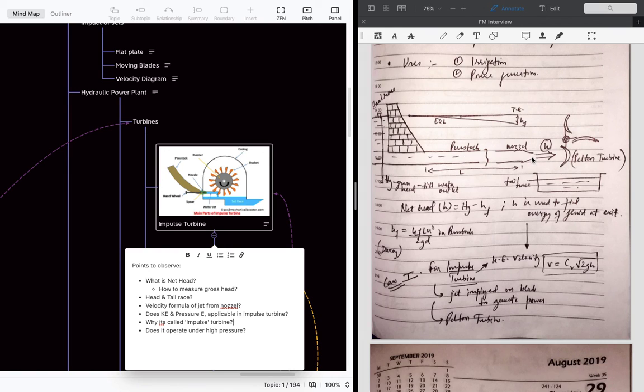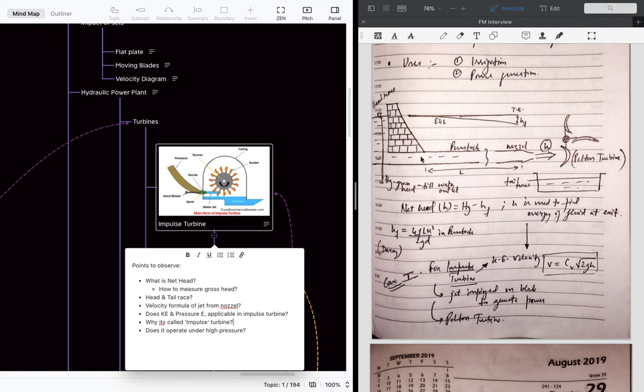For the impulse turbine, this is one head, and there is another head loss due to the penstock. There is friction in the penstock, so due to that the velocity is decreased, and that is the head loss. As we know, the total energy is here. There is a pressure energy of the water.